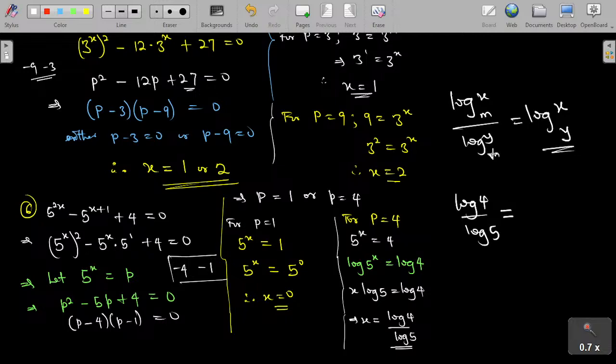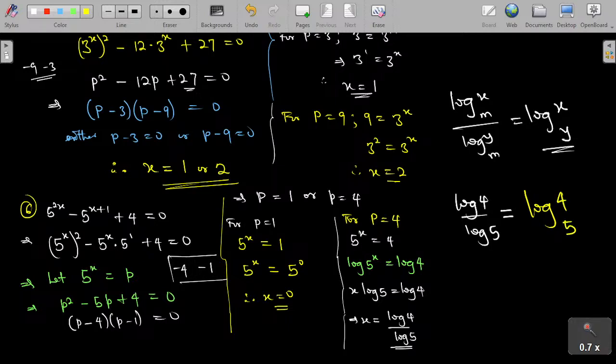So these two things are equal. Once the bases are the same, you can gather the two of them into one logarithm. We call it the law of change of base. There are about two of them, and this is one of them. So this is actually the same thing as log 4 base 5.